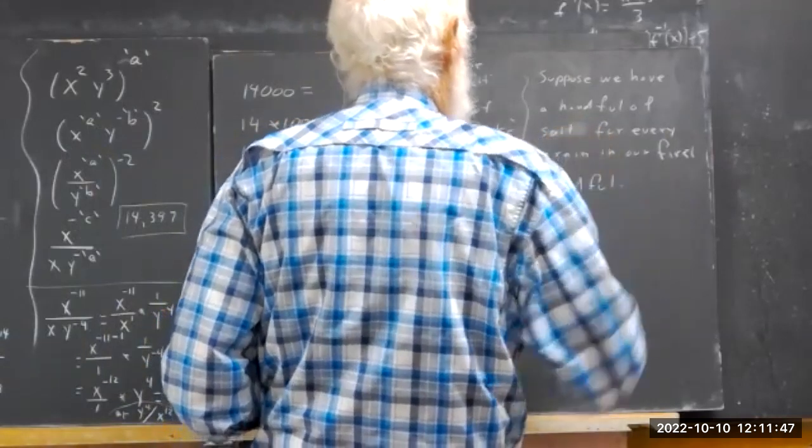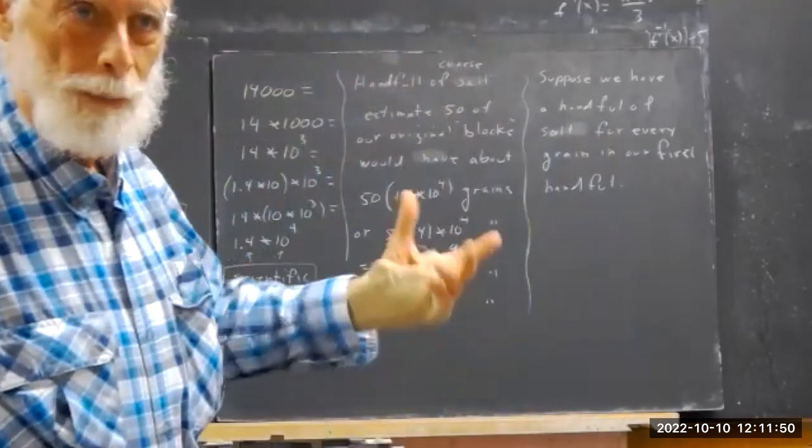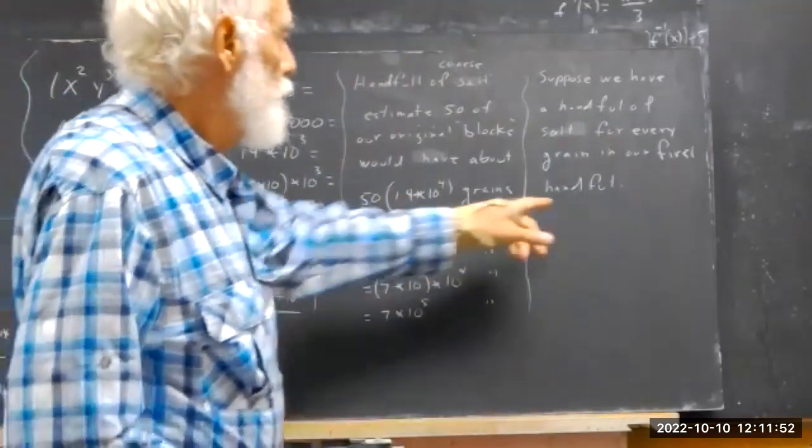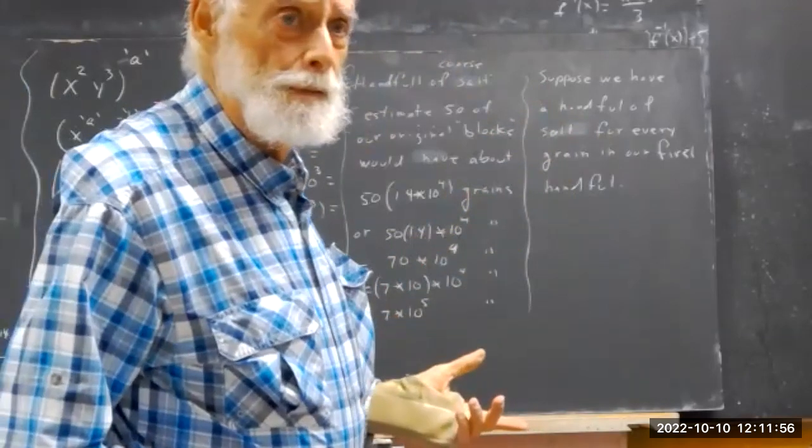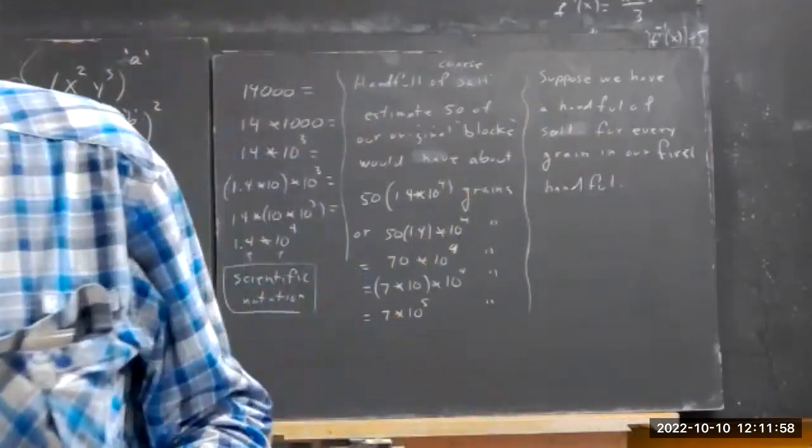What would go with salt rather than sand? Then we'll figure out what would happen if we had sand. How many grains do we have?